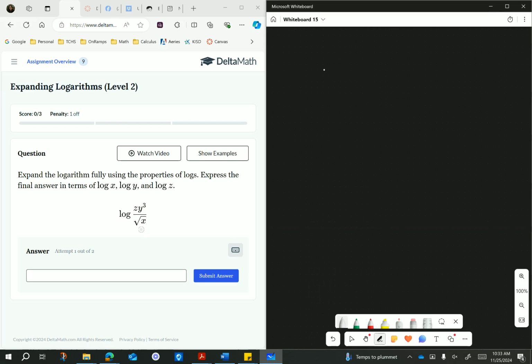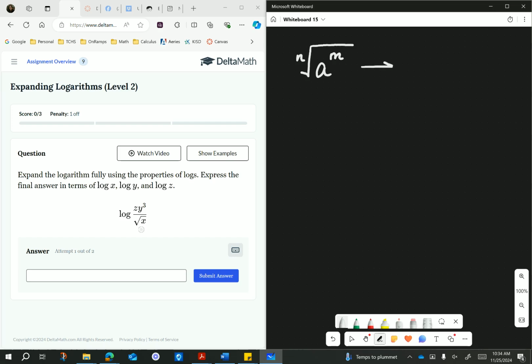Let's say you have a value a underneath a radical, and that value of a is raised to some exponent. We'll call that m, and the index of the radical is an n.